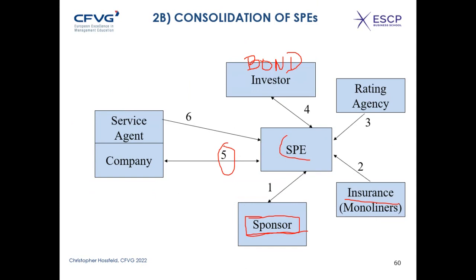And the SPE will take this loan money and pay the bond investors, obviously, because they get interest, they are reimbursed, they pay the rating agency, they need to pay insurance, and they need to pay a fixed amount to the sponsor. So all this is obviously calculated. How much money do I need for all of this? How much does the service agent get, and so on. Okay, that's the structure of special purpose entities.